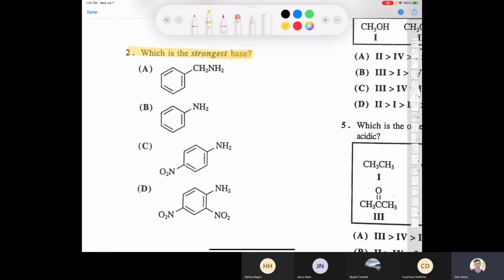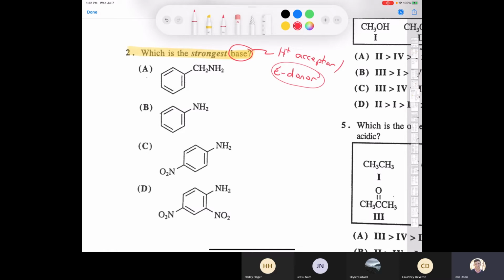There's one of these compounds that's very different than all of the others.